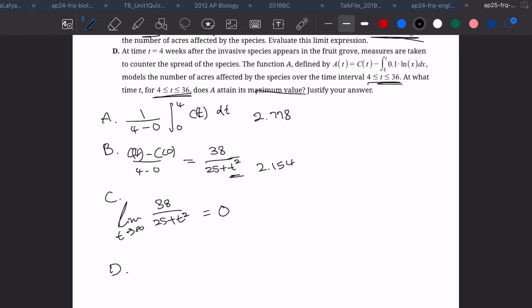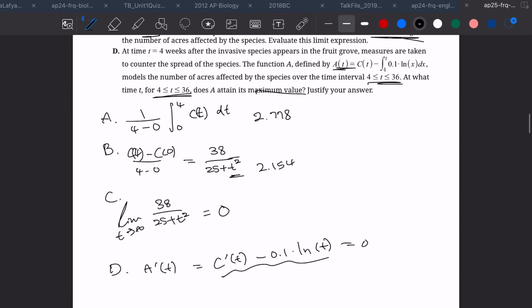So to find the maximum value, we have to first find the critical points. So we have to find a prime of t, which equals c prime of t minus 0.1 times ln t. And to find the critical point, this has to equal 0.